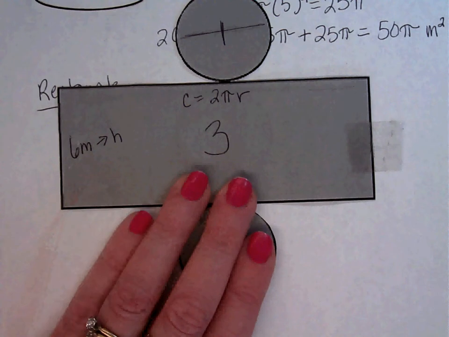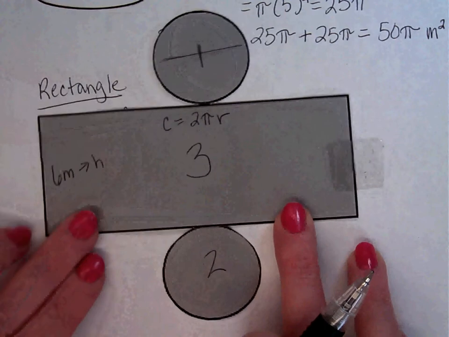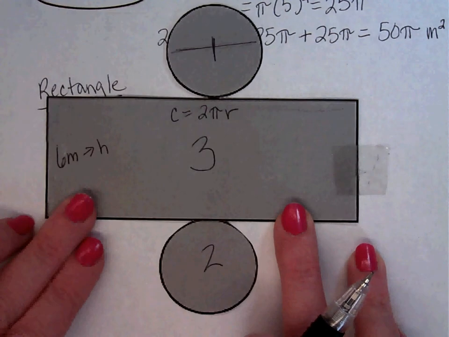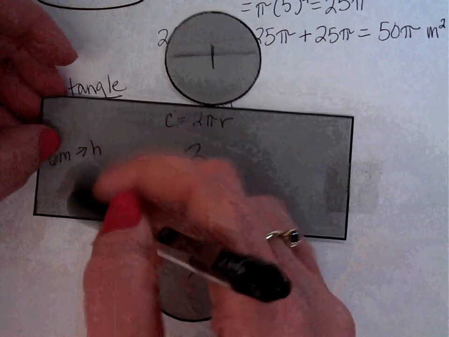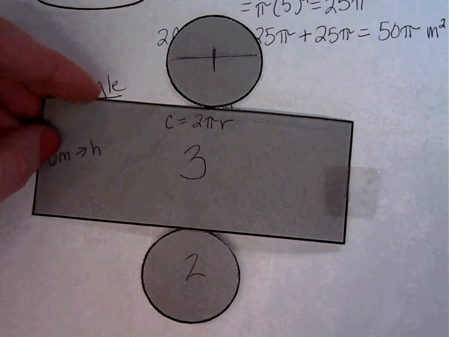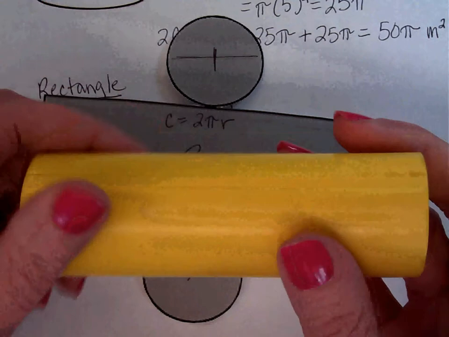So we're going to multiply that as our length times width, and that will be the area of all of this rectangular area, which is, again, this cylinder's curvy edge.